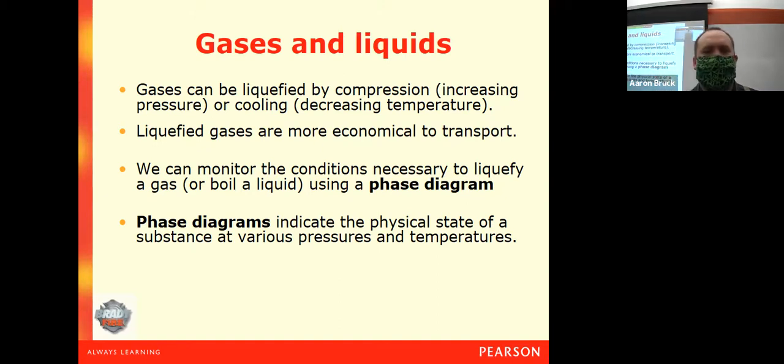And that is the idea of a phase diagram. What a phase diagram allows us to do is it's basically a graph. You've got temperature on the one axis, pressure on the other, and it gives you a literal representation of what phase of matter to expect for a given substance based upon the temperature and pressure conditions.